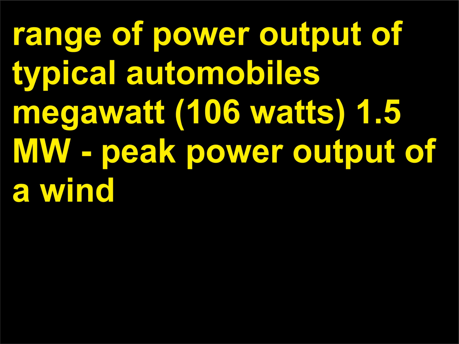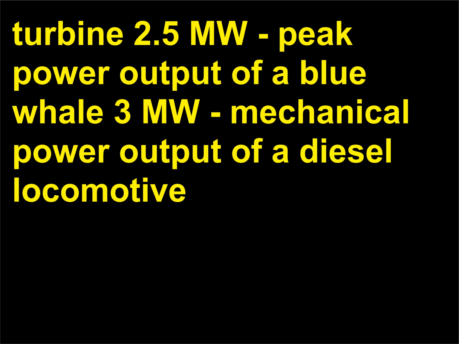Megawatt, 10^6 watts, 1.5 MW, peak power output of a wind turbine. 2.5 MW, peak power output of a blue whale. 3 MW, mechanical power output of a diesel locomotive.